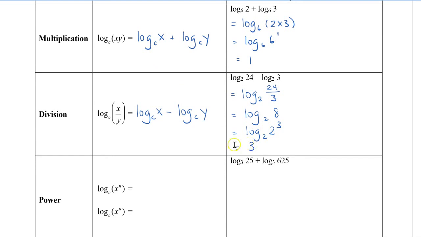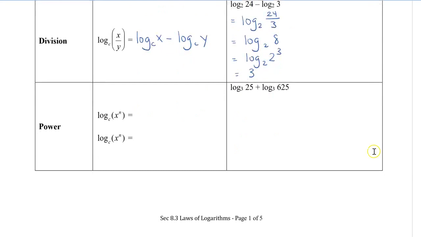And then the last rule is called the power law. So here we have log base c of x to the power of n, and this is equal to n times log x with a base of c. So notice that this exponent n, on the value that I'm logging, is moved to the front, and then it multiplies the log.